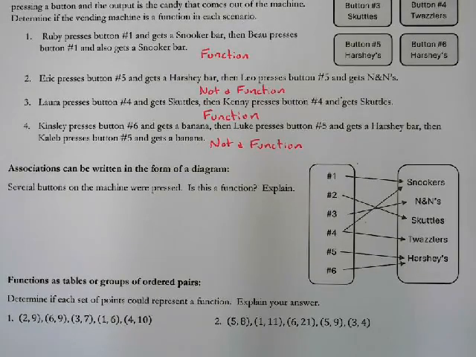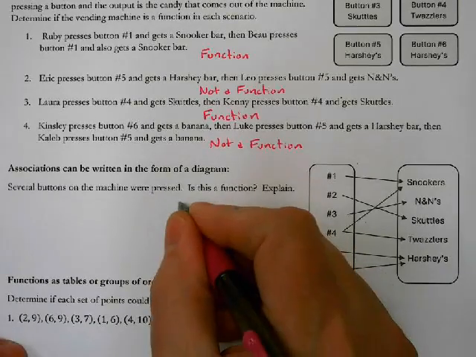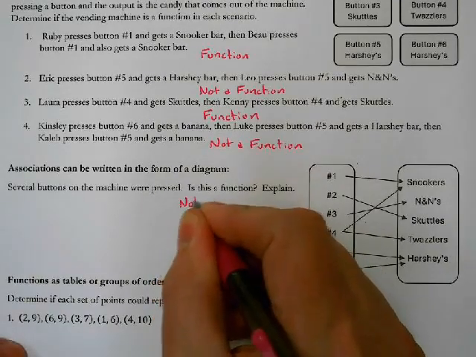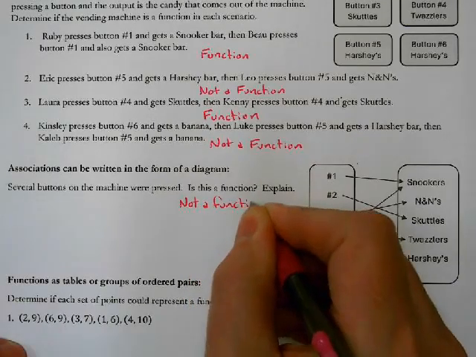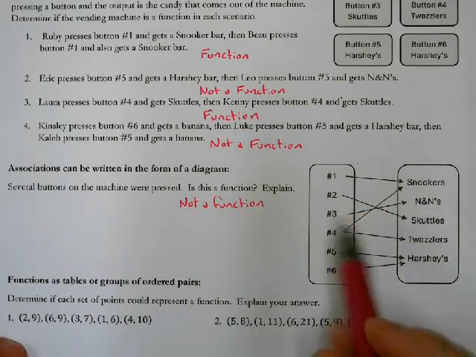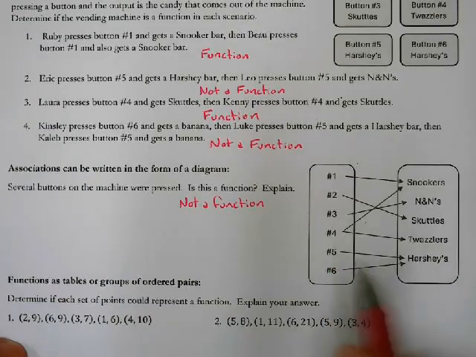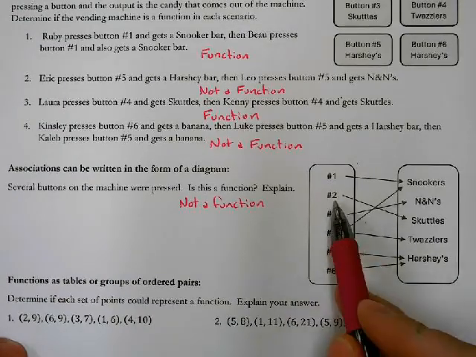Is there anything in here that makes it inconsistent? So this is not a function. Now, it's not a function, but not for maybe the reason you think it is. Button 2, they were expecting M&Ms, right?